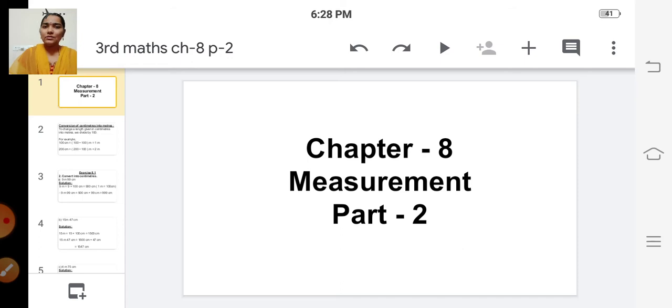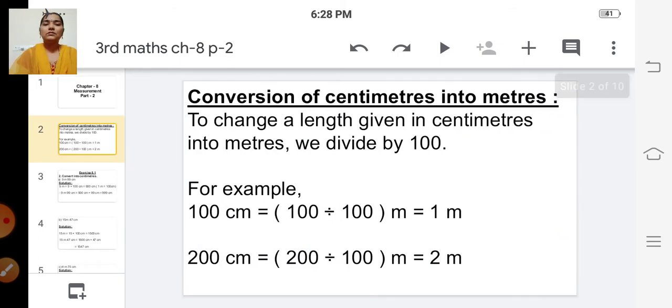So again I am telling, to convert bigger unit to smaller unit, we have to multiply. To convert smaller unit into bigger unit, we have to divide. See, conversion of centimeters into meters.